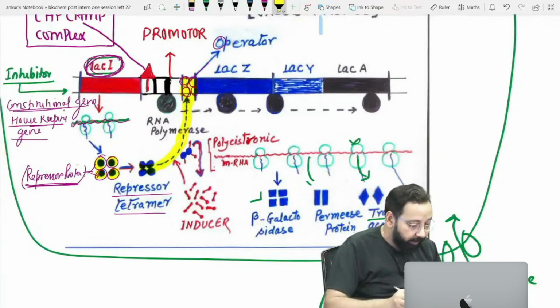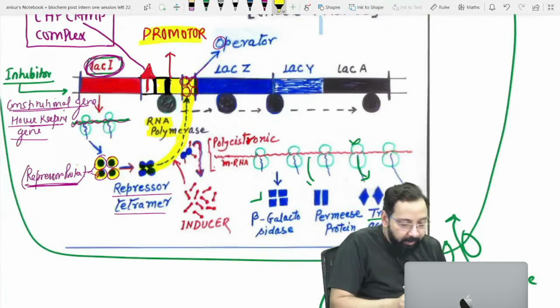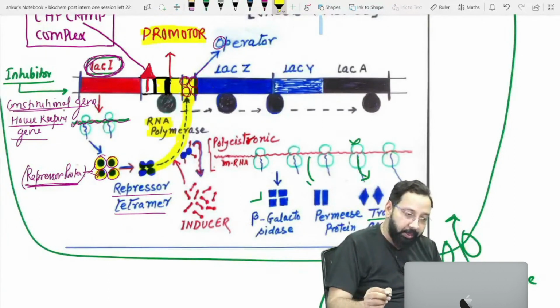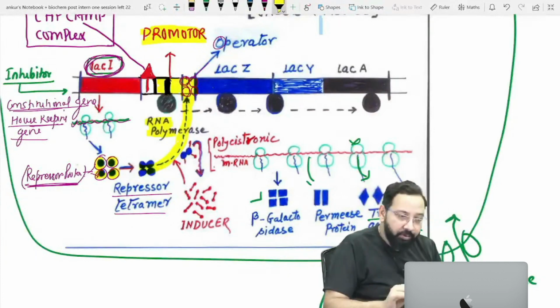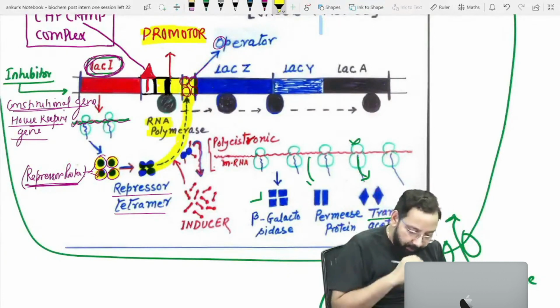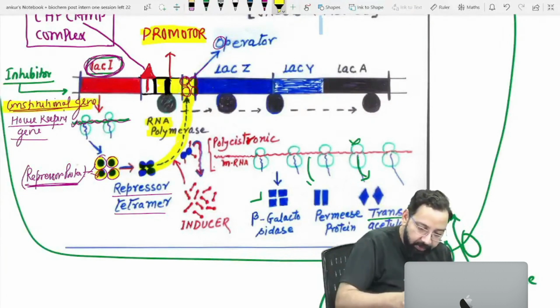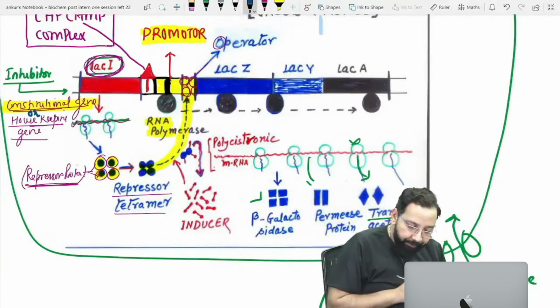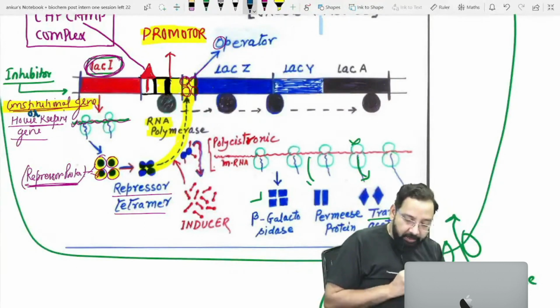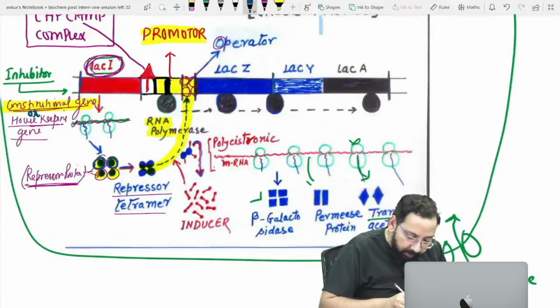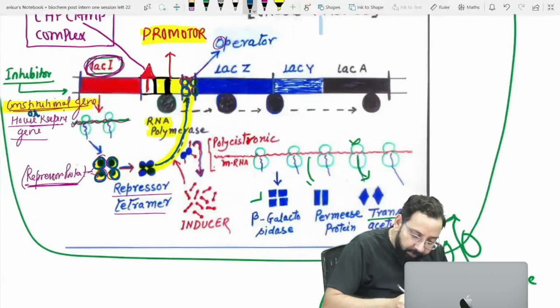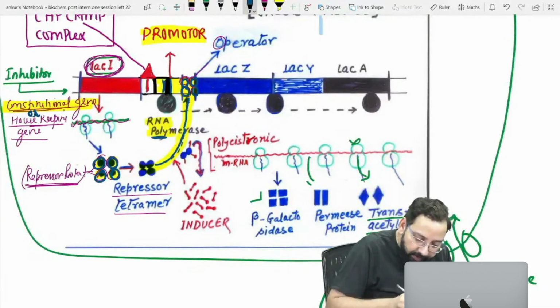Repressor tetramer binds to the operator region. RNA polymerase binds to the promoter region. Constitutional gene and housekeeping gene are the same.